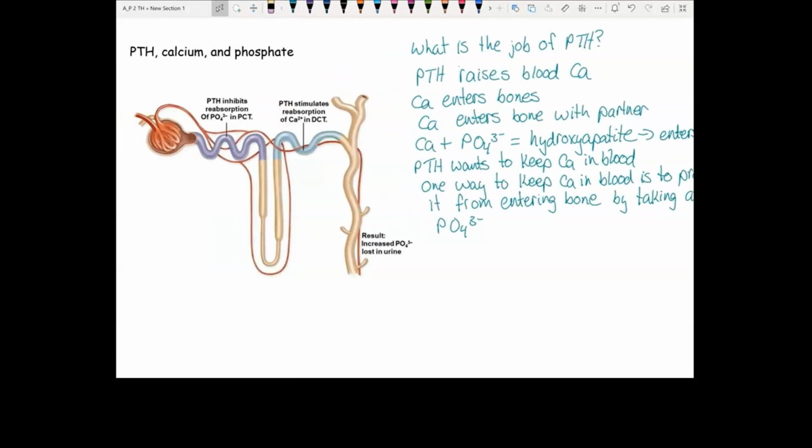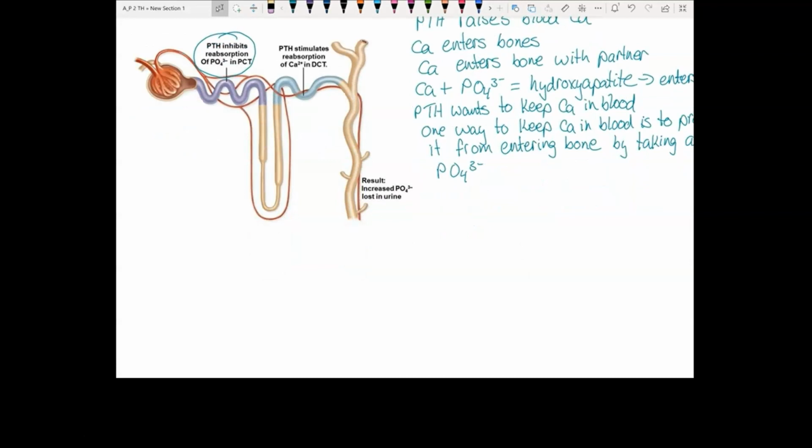So PTH inhibits the reabsorption of phosphate. This means that PTH causes phosphate to be lost in the urine.